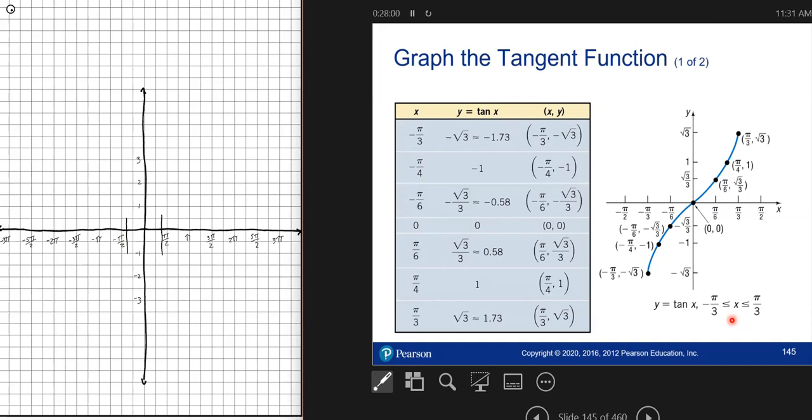They're not showing the whole period, which is from here to here, from negative pi over 2 to pi over 2, that's one pi. And so that's the period there. But they're only showing a portion of that.